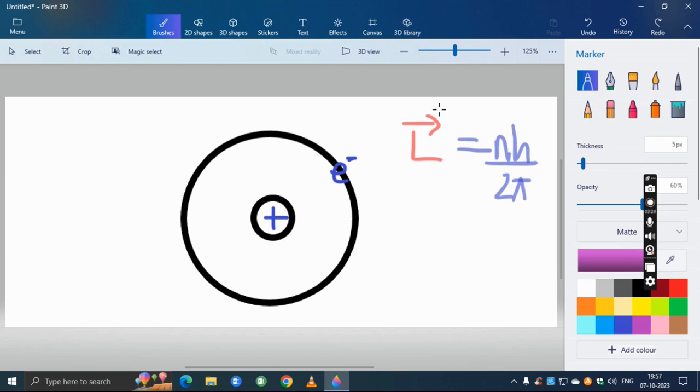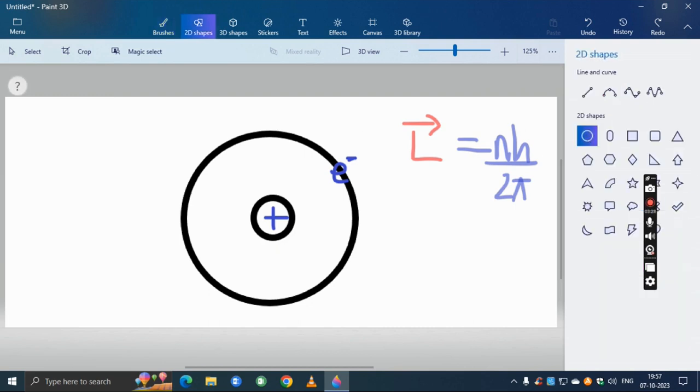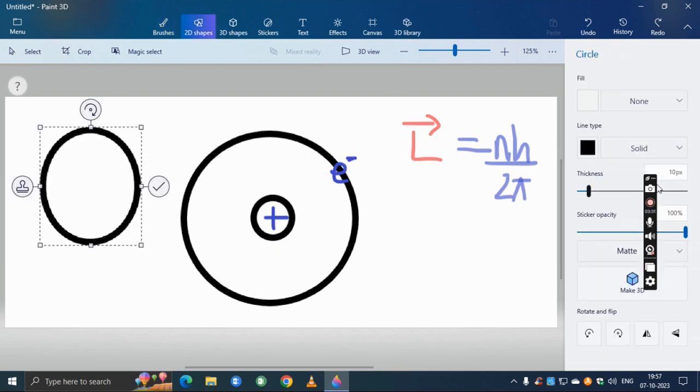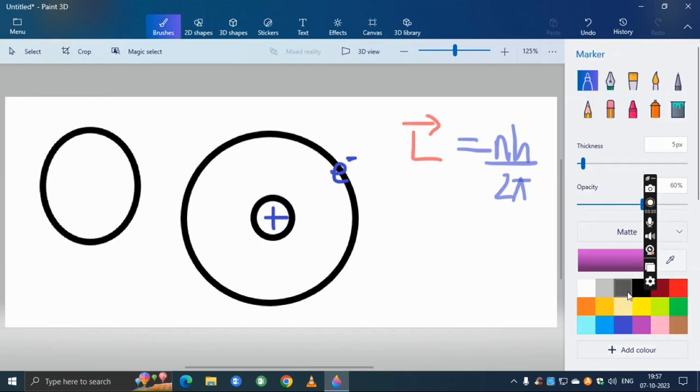Alright, we need to discuss one more important concept. Let's say there is a circular path and some object traveling along this circular path with radius r, and let's say its linear velocity is v, and r and v are mutually perpendicular.